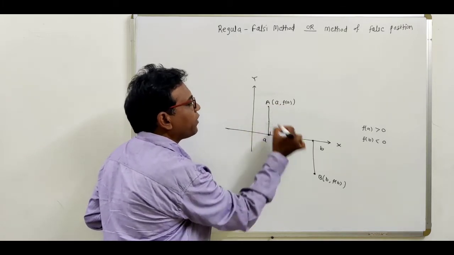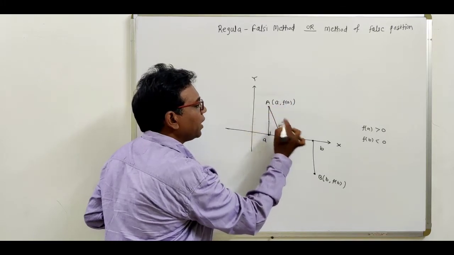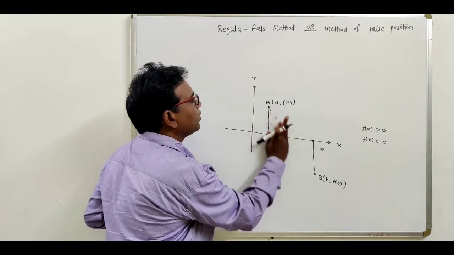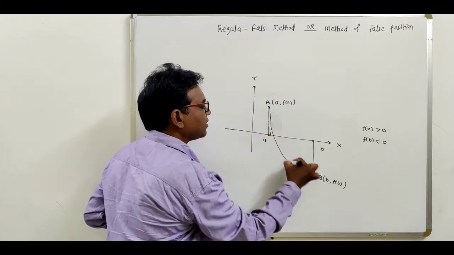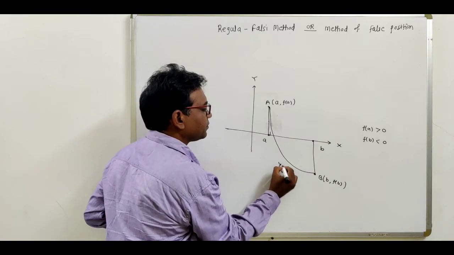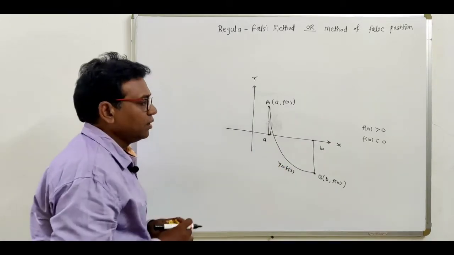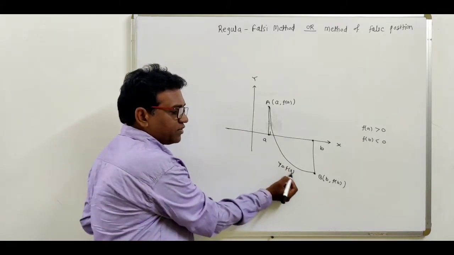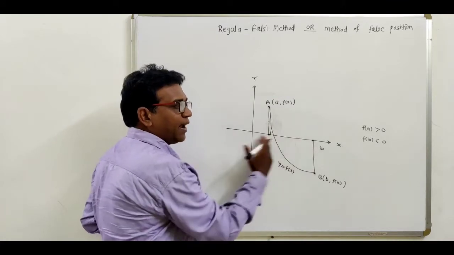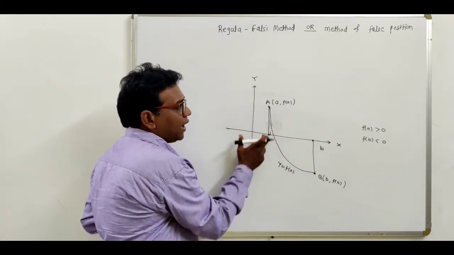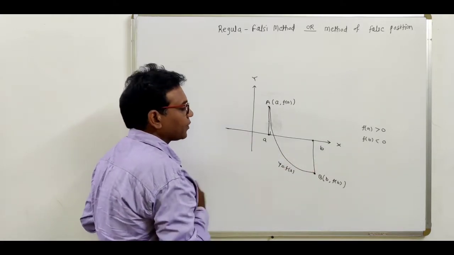Suppose this is the graph of y = f(x). So see what is the question. Find out the real root of the equation f(x) = 0. So this is the graph of that function in between a and b. Obviously f(a) and f(b) are of different behavior.